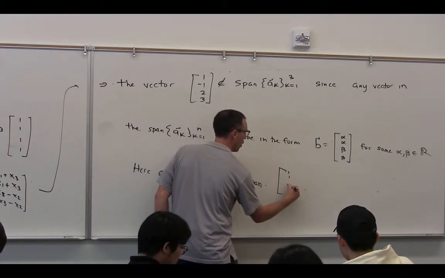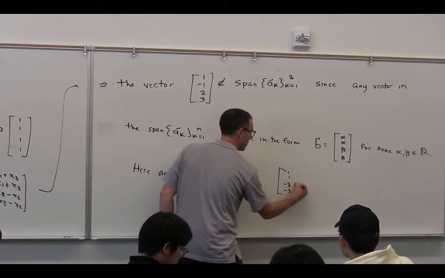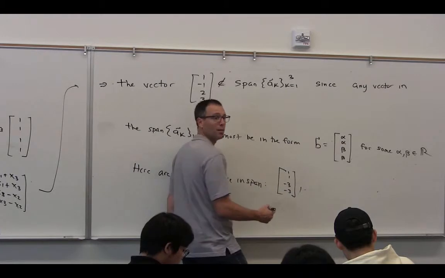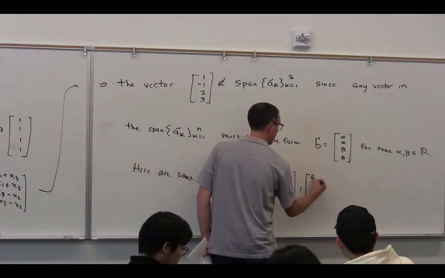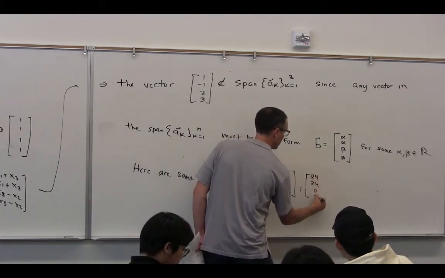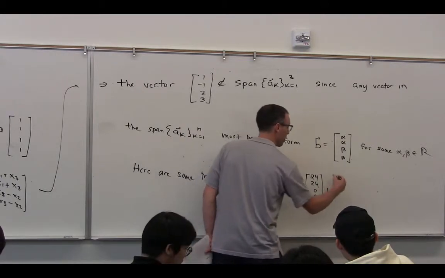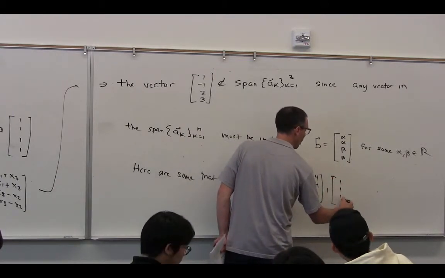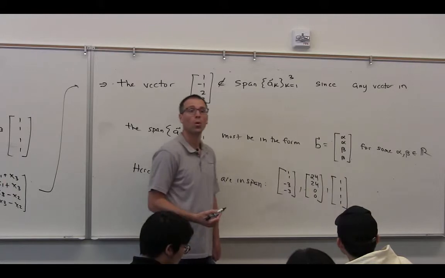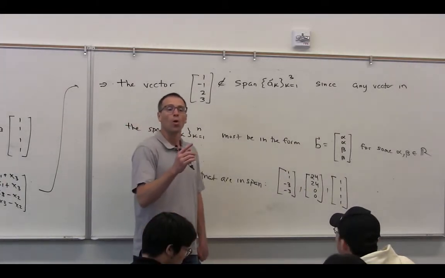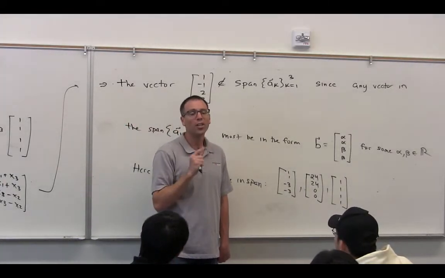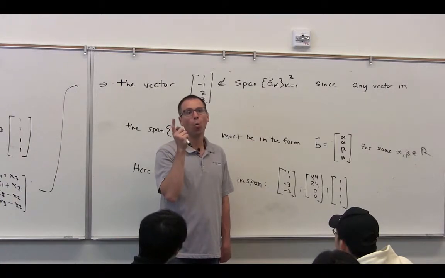One of them would be (1, 1, -3, -3). Give me another one. (0, 0, 0, 0). Give me another one. (1, 1, 1, 1). Ooh. With that said, what do you notice about (1, 1, 1, 1)?